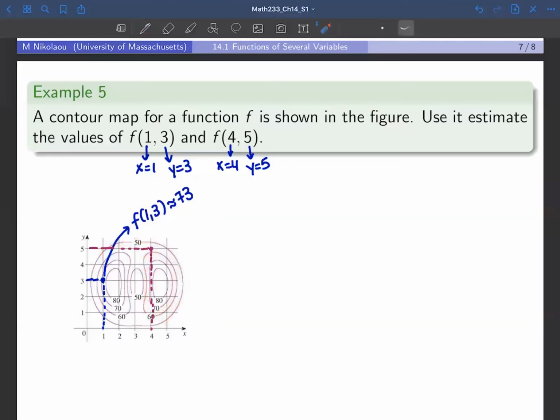It seems that it's between 50 and 60, closer to 60. So let's say that at that point, the value of the function at 4, 5 is approximately equal to 56. So that's how we can find the value of the function at any given point by looking at the contour map.